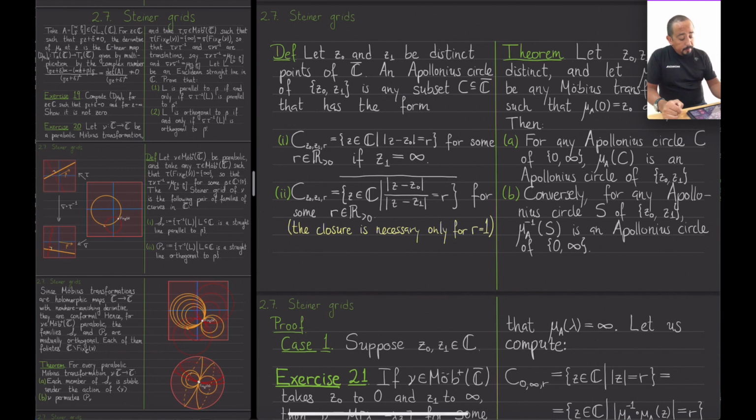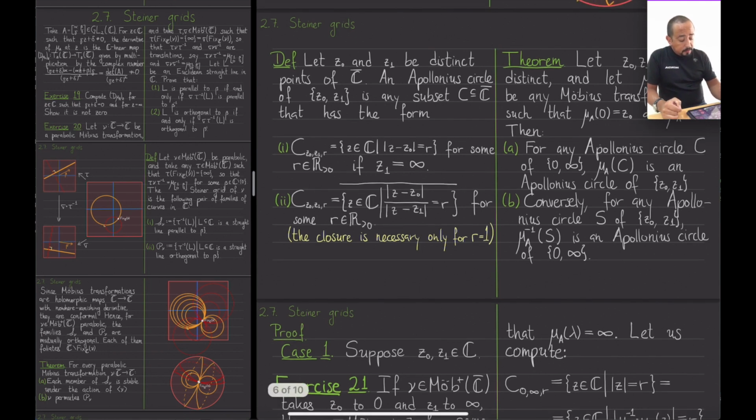So let's take two distinct points of C bar, the extended complex plane. Then I call an Apollonius circle of the unordered pair any subset of C bar of the following form. Now, I distinguish two cases. The first case is if infinity is one of these two points, and the other case is when both points are finite.